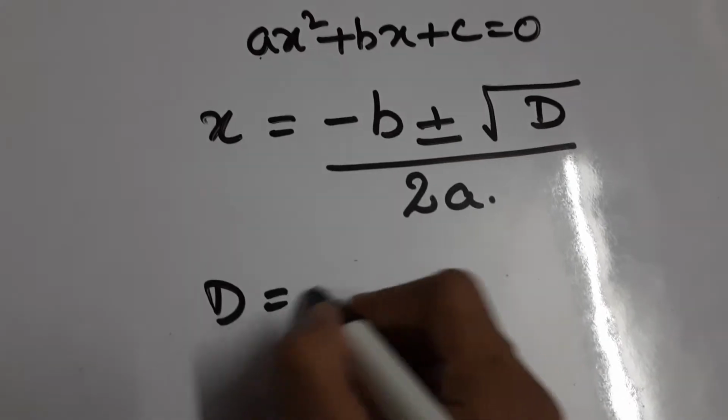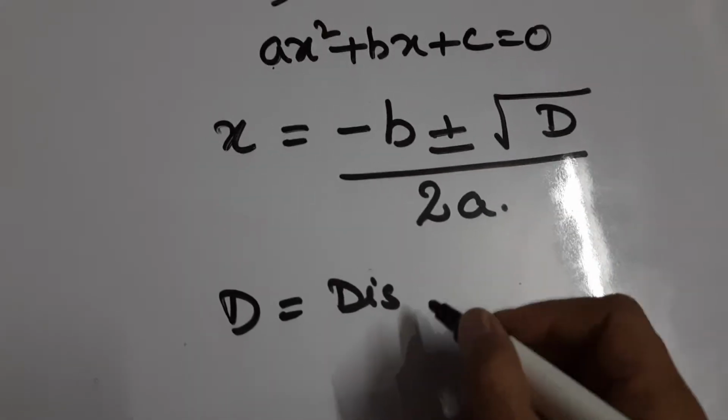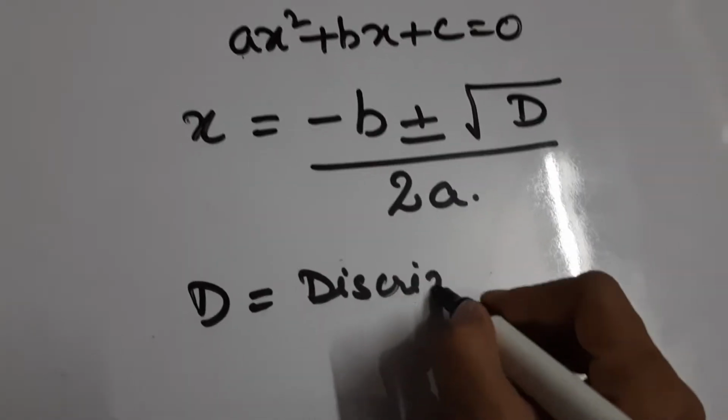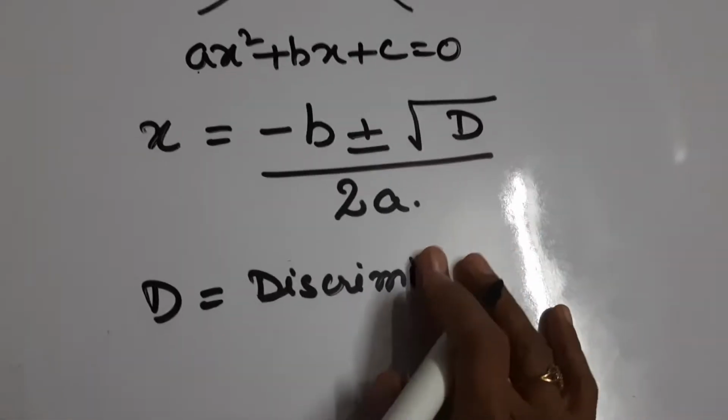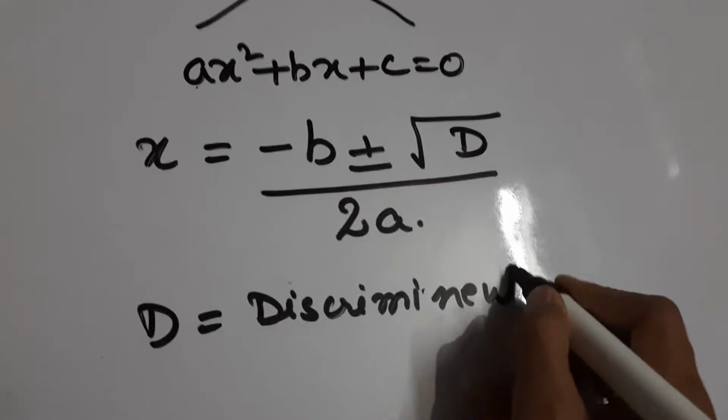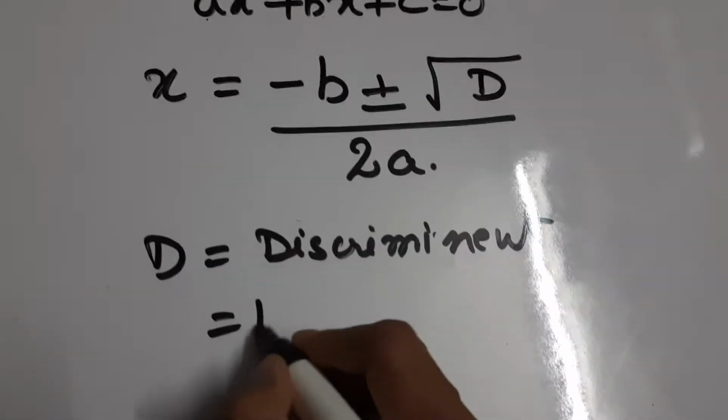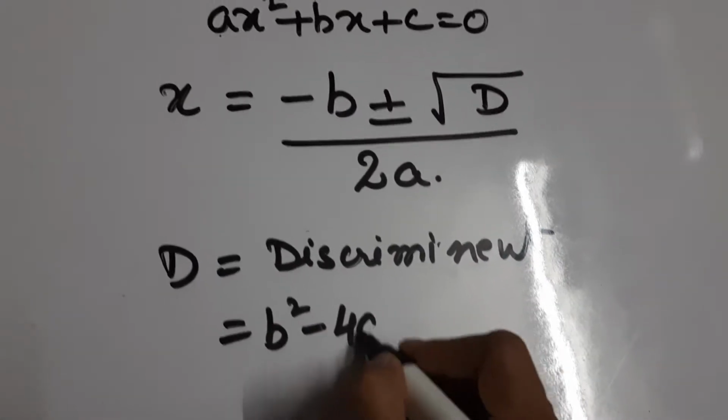D is the discriminant, and its formula is b square minus 4ac.